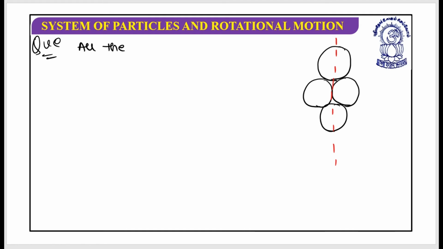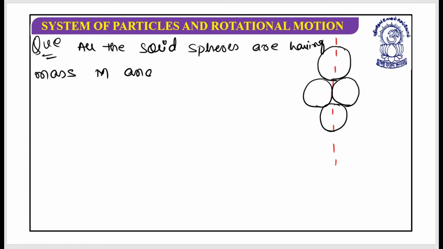All the solid spheres have mass m and radius r.